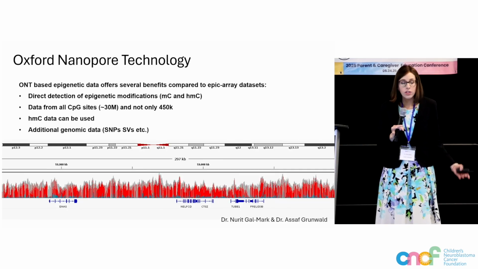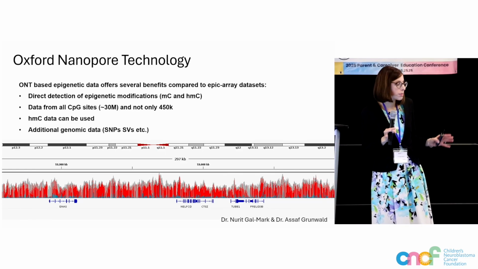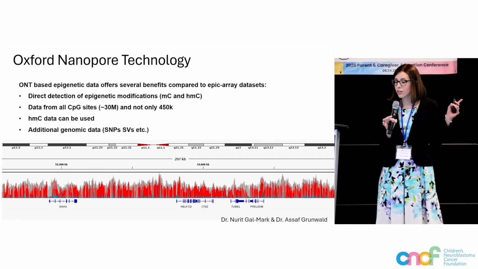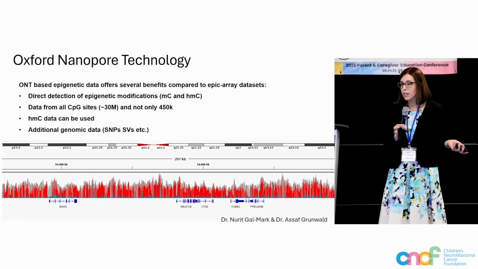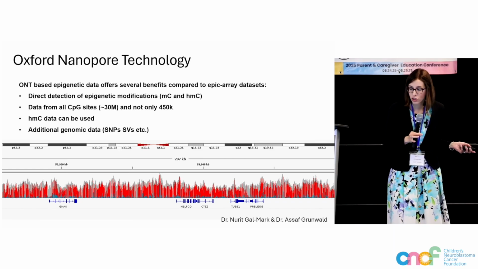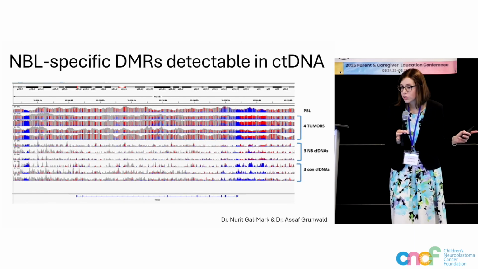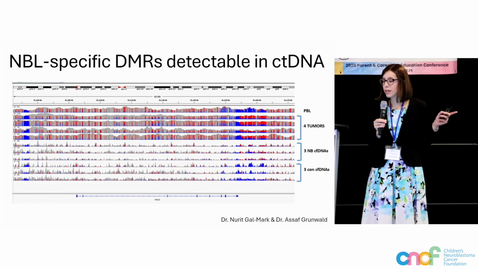So some research that my team is working on, among others, so some people are looking at ChIP-seq. We don't have time to get into that, but I wanted to just briefly show you this. We can do Oxford nanopore sequencing, which is whole genome sequencing that also looks at DNA methylation. And we can detect tumor-specific methylation marks in the cell-free DNA, which mimic the tumor.